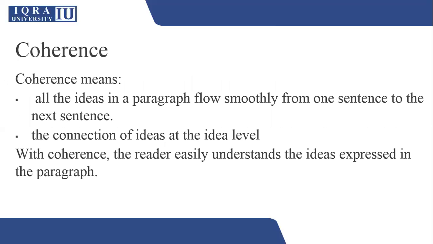So that's the unity. Now, what is coherence? Coherence means all the ideas in a paragraph flow smoothly from one sentence to the next. It is the connection of ideas at an ideal level.